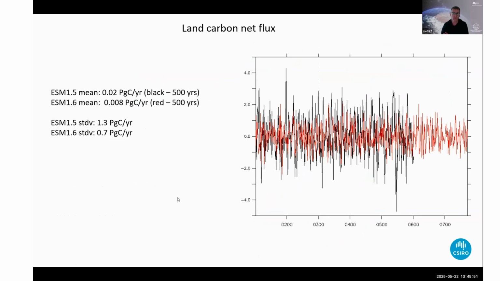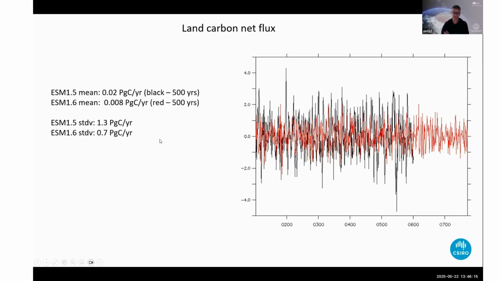Then the land net carbon flux, again, in the spin-up and control, we aim for a net flux of 0 here. The plot shows in black the ESM 1.5 net flux for the 500 years of the control run. It was very small in the ESM 1.5, very stable, 0.02 petagrams of carbon per year.